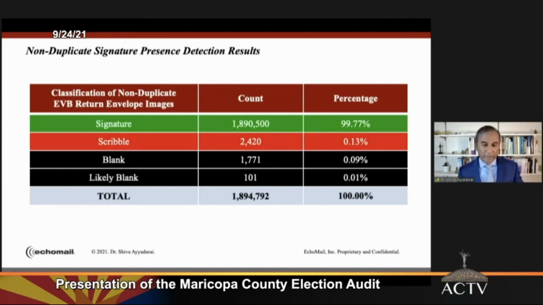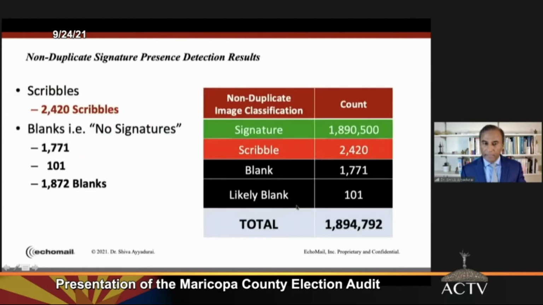And the blanks fell into 2 groups, the definitive blanks of 1,771 and the likely blanks of 101. This adds up to 0.1%. Then we also looked at the counts. To be clear, we had 2,420 scribbles and 1,872 blanks. We put both of these together in our sum total.